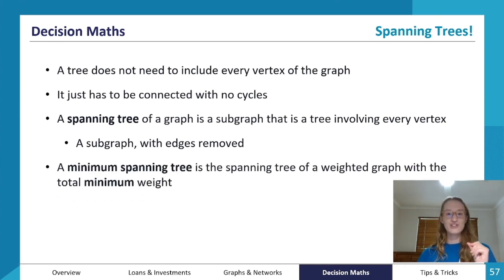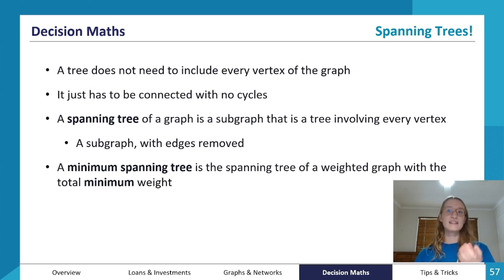And then to make our definition a little bit more specific, a minimum spanning tree is the spanning tree of a weighted graph with the total minimum weight. So we're coming back to what I mentioned earlier with the shortest path, except here we're not talking about a path. We're talking about the minimum spanning tree, which is the spanning tree of a weighted graph with the total minimum weight.